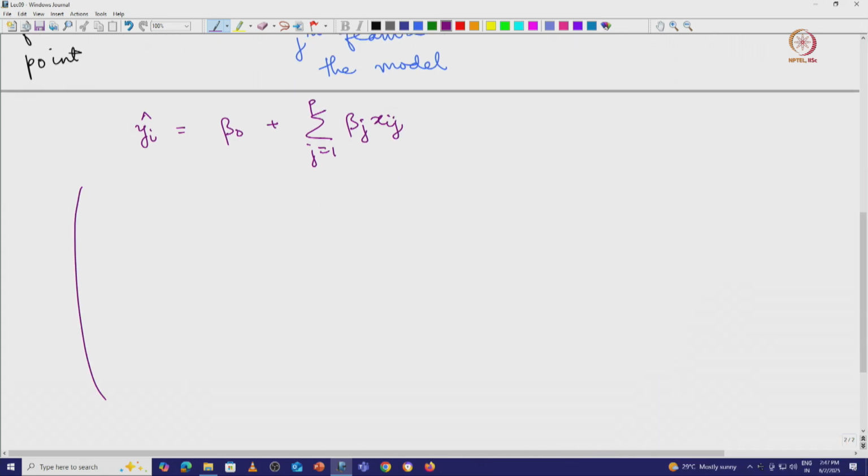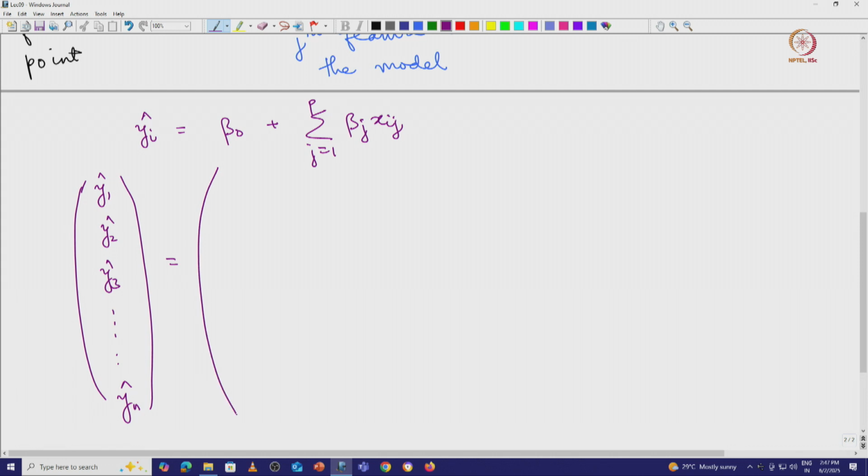So, there are n data points like I said. So, you can look at y1 hat, y2 hat, y3 hat all the way up to yn hat. So, these are all the predicted values, and then this will be equal to the matrix of features.